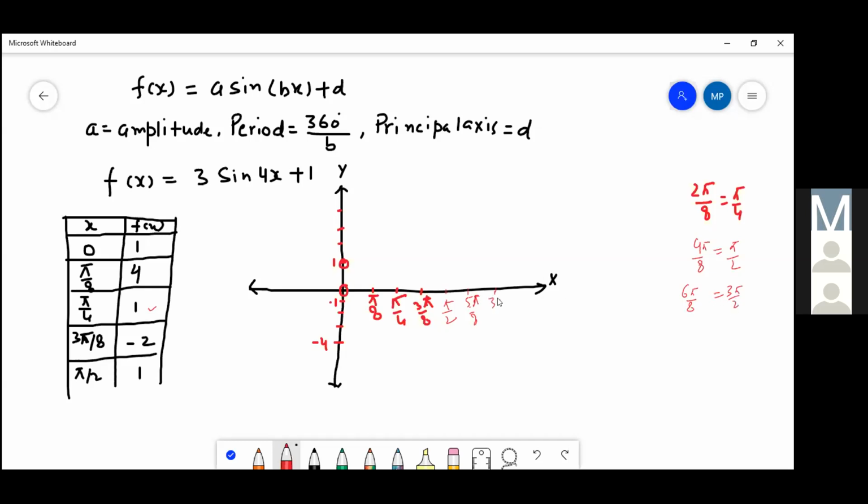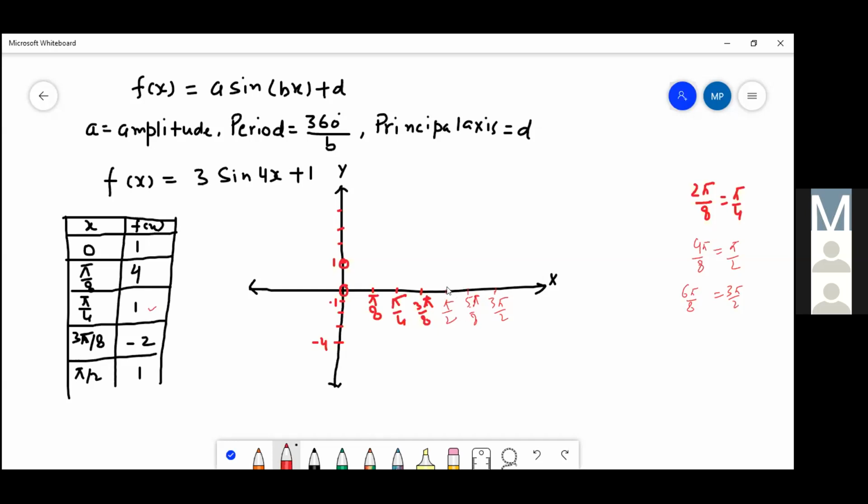So this is 3 pi by 2. We have written this is pi by 8 equals 4. Then there is pi by 4.